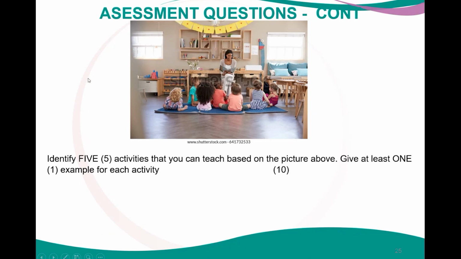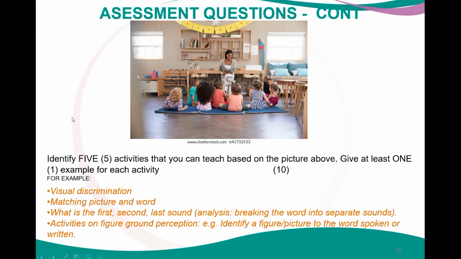Sometimes you might have a question that has pictures. Look at the picture. Identify 5 activities that you will see in the picture. Here's an example. You can teach visual discrimination, matching picture and word. You can teach what is first, second, and last sound, breaking words into separate sounds.